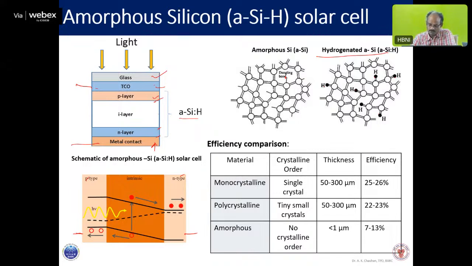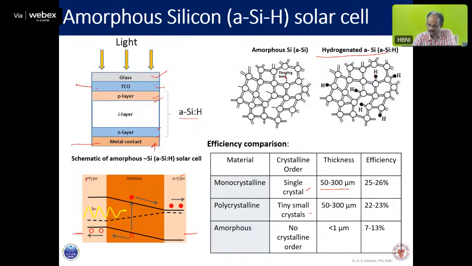Now if you want to compare monocrystalline, polycrystalline and amorphous silicon: in monocrystalline, the crystalline order is single crystal, in polycrystalline it is tiny small crystals, and in amorphous there is no crystalline order. The typical thickness is 50 to 300 micron for monocrystalline silicon.